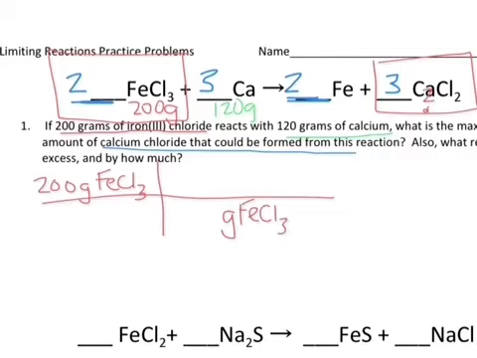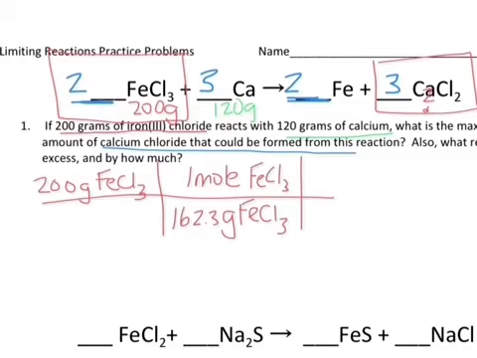And if I have 1 mole, I've got to go to the periodic table and add up 3 chlorines and 1 iron. It looks like I'm going to get 162.3 grams.